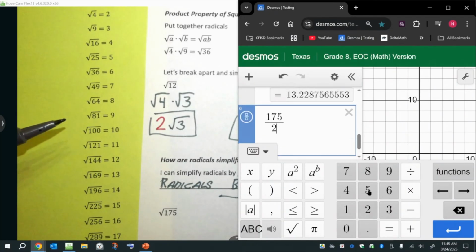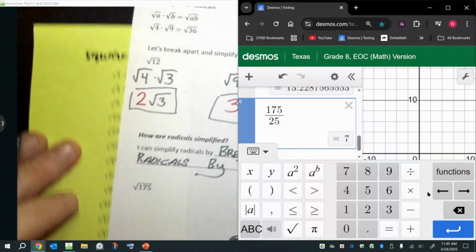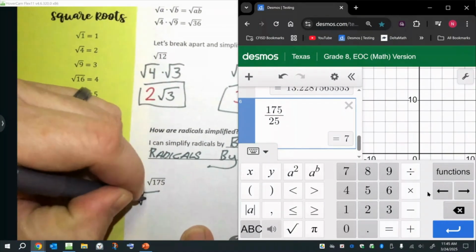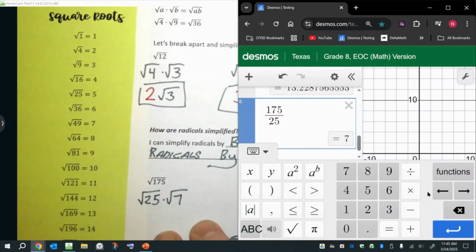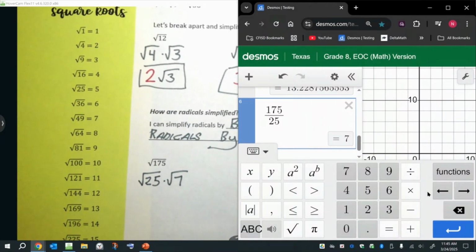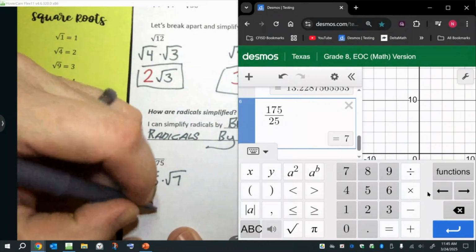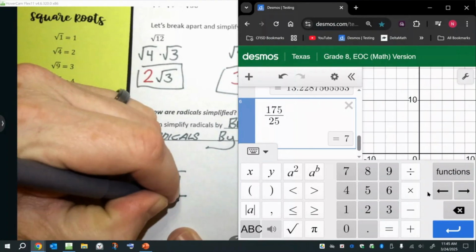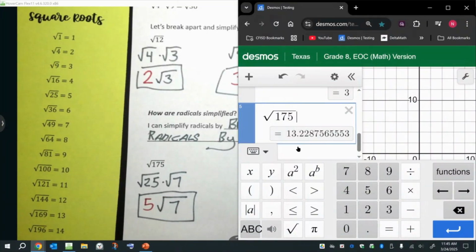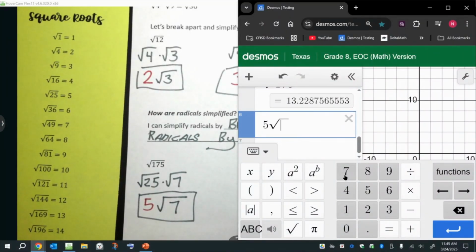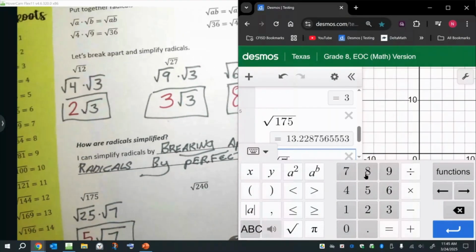No. 25? Hey, 25! So the square root of 175 is the square root of 25 times the square root of 7. Okay? And the square root of 25 is 5. And the square root of 7, the only thing that gives you 7 is 1 times 7, so there's nothing more to do. So 5 root 7. 5 root 7 is the same poopy decimal as square root 175.